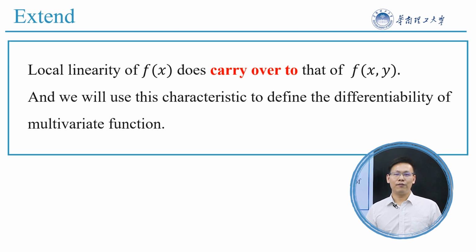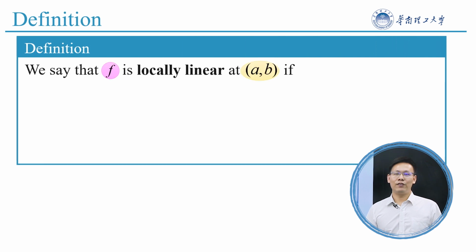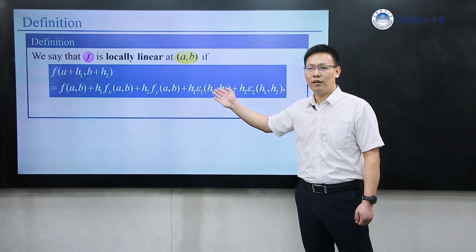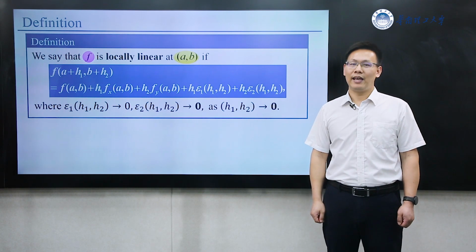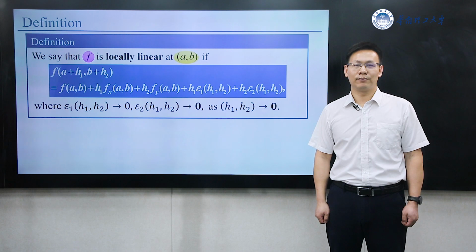First, we define local linearity. Definition: we say that f is locally linear at (a,b) if the following expression holds, where epsilon 1 and epsilon 2 converge to 0 as (h1, h2) approaches the zero vector.